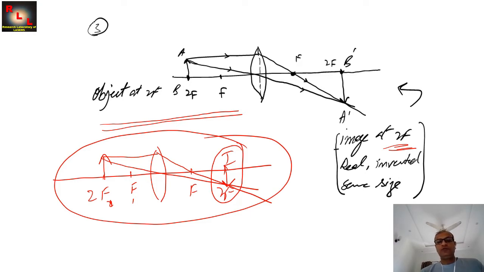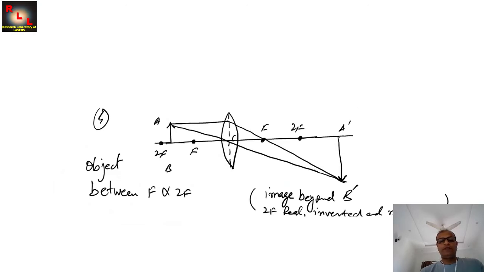Now if we move to the next case, which is the fourth one, what do you see here? The object is between f and 2f, then the image will be formed beyond 2f here.